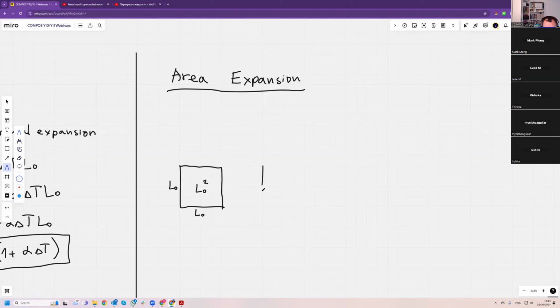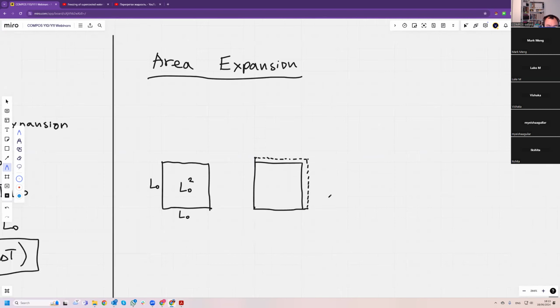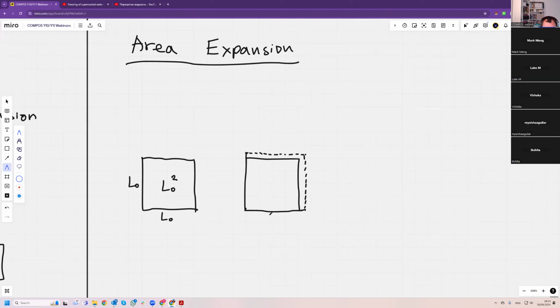And now let's say this plate becomes slightly bigger. This becomes L0 plus delta L, and this becomes L0 plus delta L. So the area becomes (L0 plus delta L) squared.